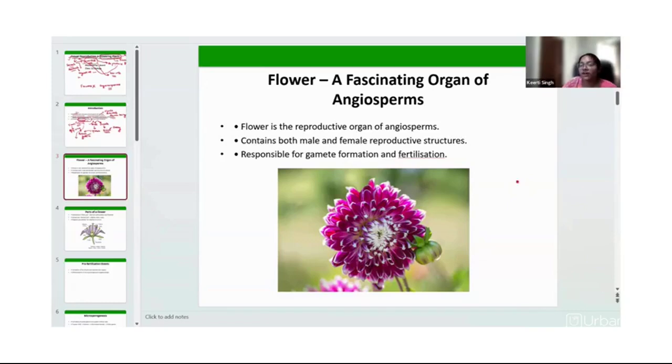These flowers have not only decorative value, they also have medicinal values.